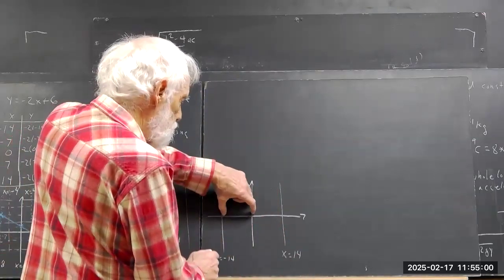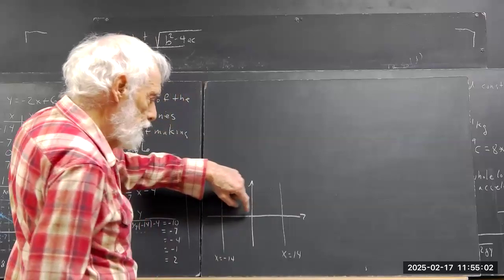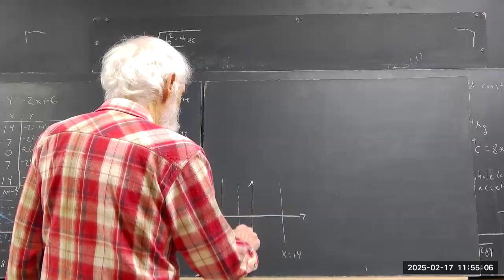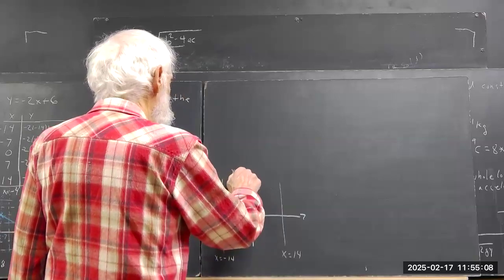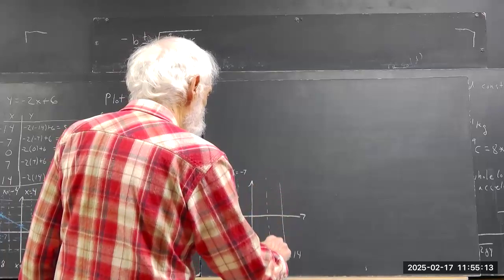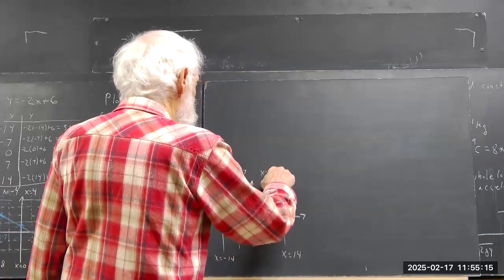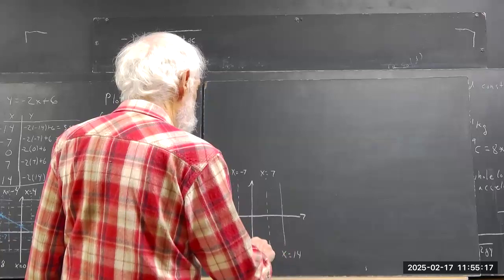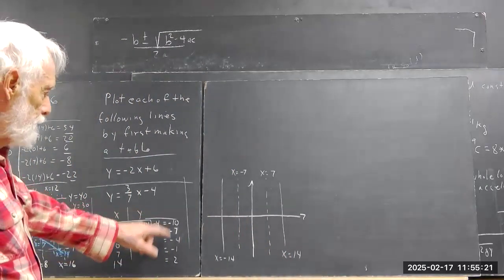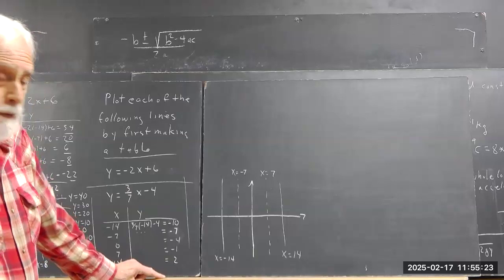And then halfway from negative 14 to 0 is negative 7. And halfway from 0 to 14 is 7, and now I've got all my x values. My y values go from -10 up to 2.